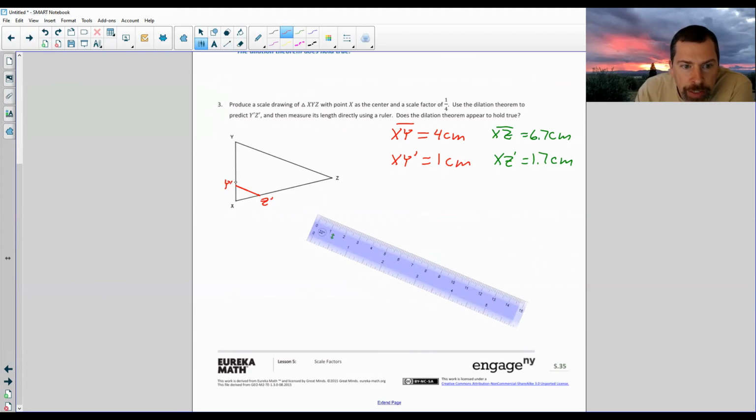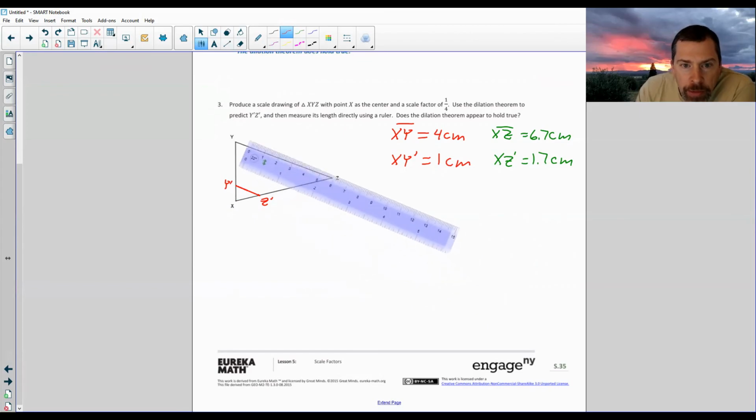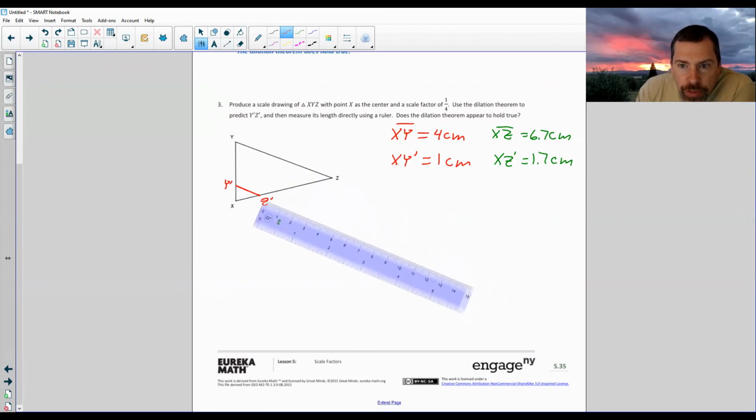So there's triangle X, Y prime, Z prime, 1/4 the size of the original triangle. And then we need to confirm the length of Y prime, Z prime and measure it directly using a ruler. And does the dilation theorem appear to hold true?